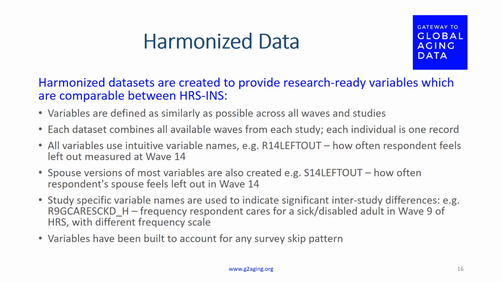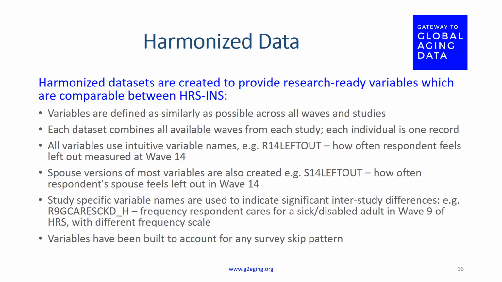While ideally every variable is comparable over time or across studies, there are instances in which question wording or cultural differences render measures similar but not strictly comparable, in which case we'll provide a study-specific variable name using an underscore and the first letter of the study.